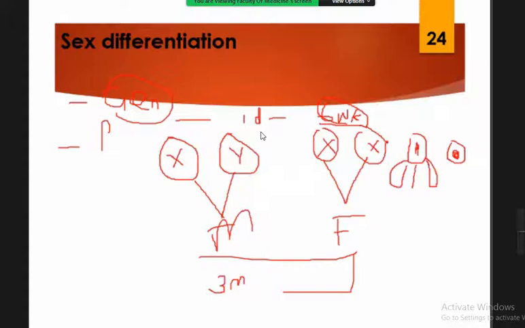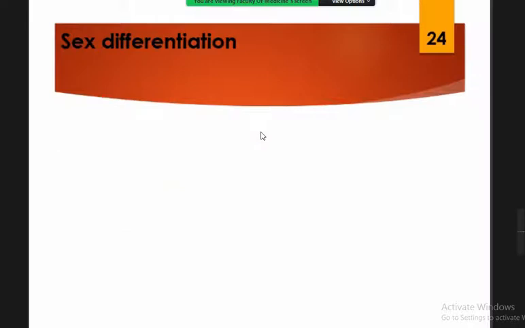But at this time, the gonads have not formed. So it is important to differentiate those two. The phenotypic differentiation comes much later.